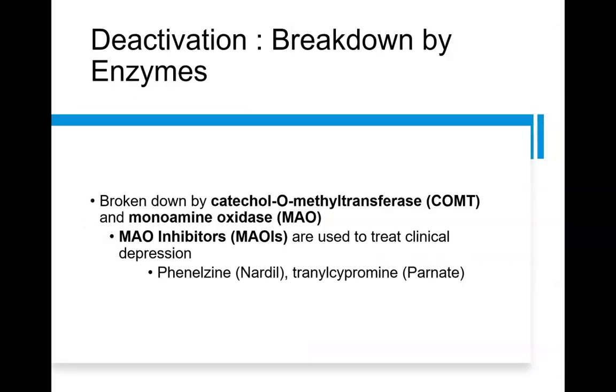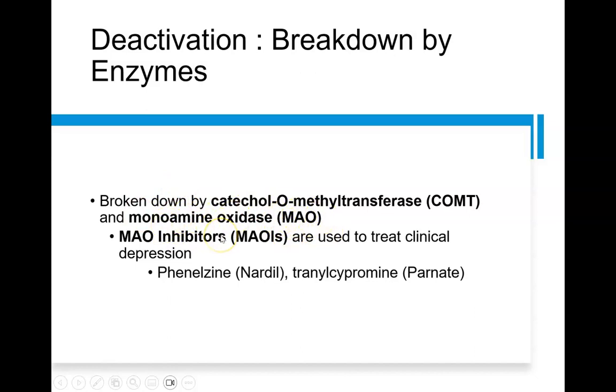So we will often deactivate dopamine by catabolism, by that enzymatic breakdown. And there are 2 different ways that we can do this. We can either have dopamine broken down by catechol-O-methyltransferase, or COMT, or monoamine oxidase, or MAO.